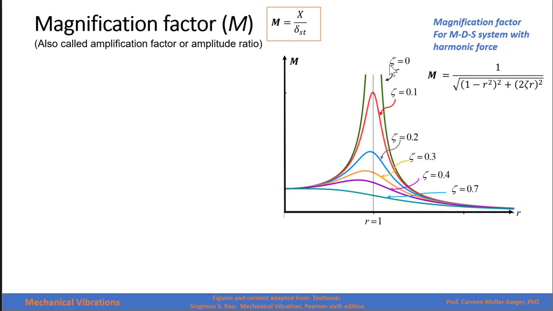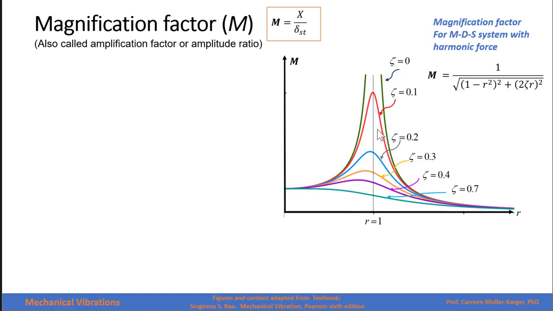As you see, if zeta is equal to 0, these terms become 0, and this expression is exactly the same as the one that we analyzed for the undamped system. Any amount of damping, zeta greater than 0, reduces the magnification factor for all values of frequency.